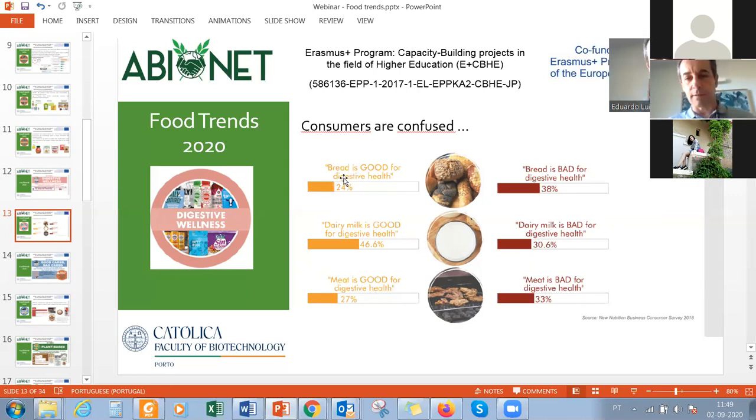It seems that almost the same number of people believe that bread is bad and that bread is good. The same thing happens with milk, and with meat. So this mega trend of fragmentation and confusion is also aligned with, or influencing, this other one.